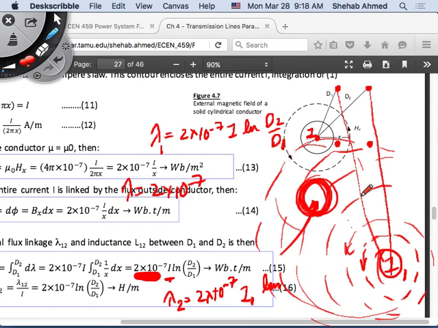I have d3 and d4 now, right? What is the flux linking points d3 and d4 due to a conductor carrying current I1? It's the same, 2 times 10 to the minus 7, but here I1, natural log d3 over d4, right?